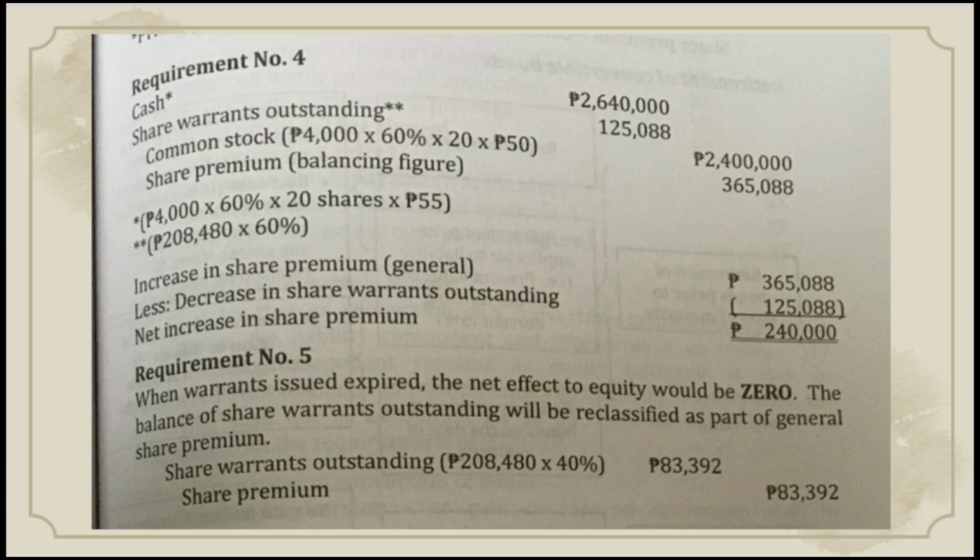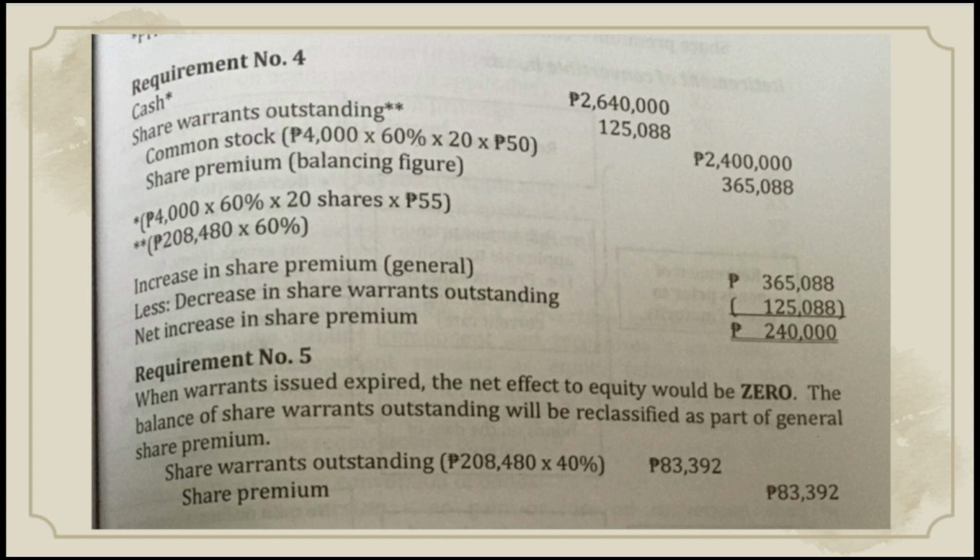So, next is requirement number 4. Net effect to equity assuming 60% of warrants were exercised. So, ang atong entry is mag-debit ka og cash, mag-debit pud ka og share warrants outstanding, and then credit common stock and share premium. Para makuha ang cash, ang 4,000 atong timesan og 60% times 20 shares, kay ang bondholder purchased og 20 shares of common stock at 55 per share.